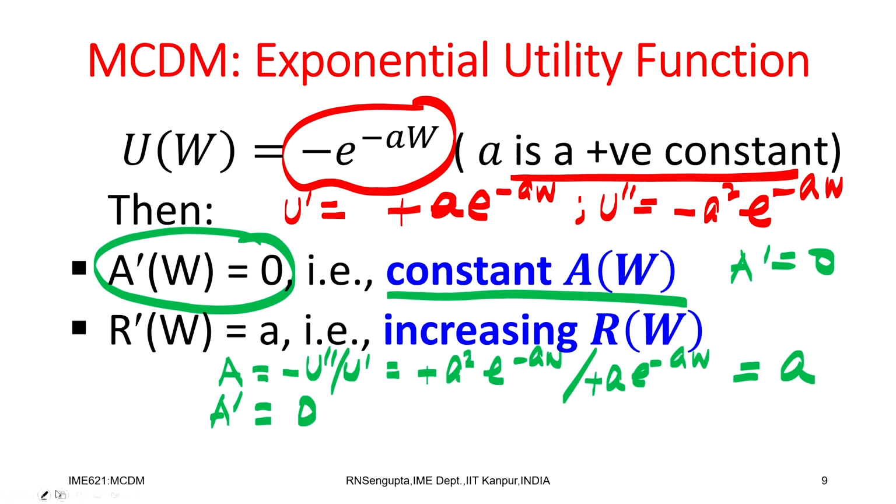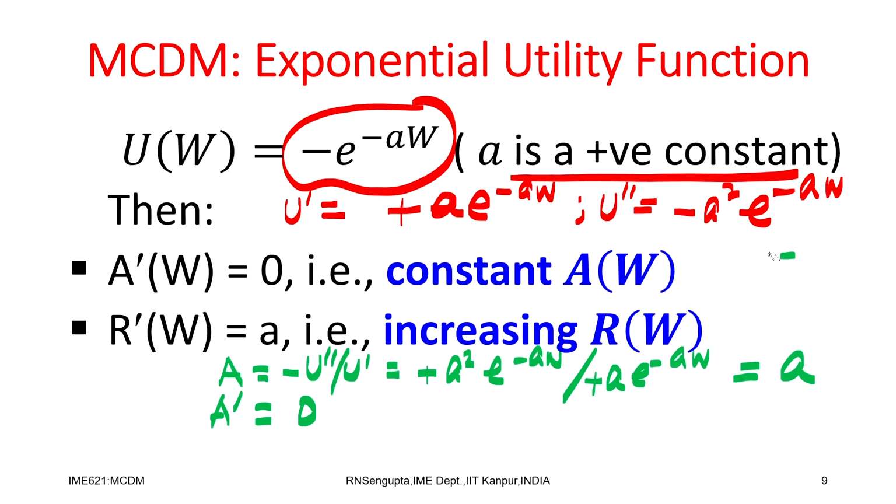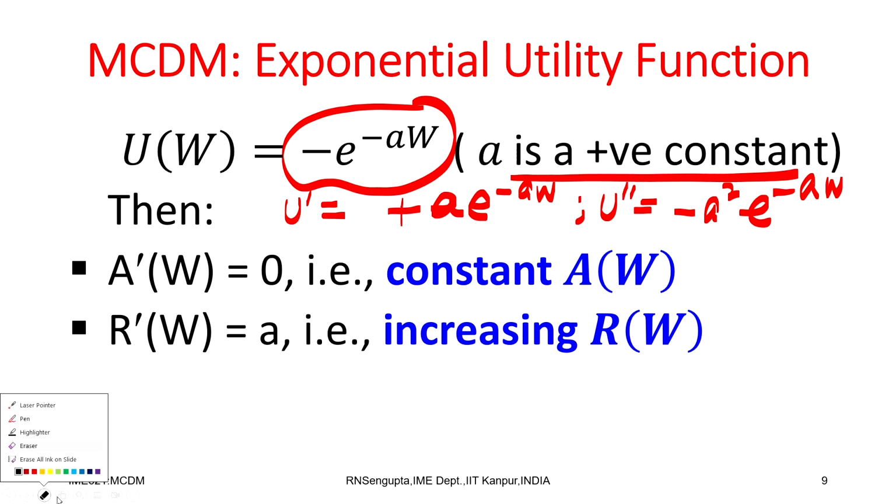Now let us come to the case of r. I will remove these green portions. The red portion, which is u prime and u, continues to be there because we will be utilizing that. Let us use a different color.